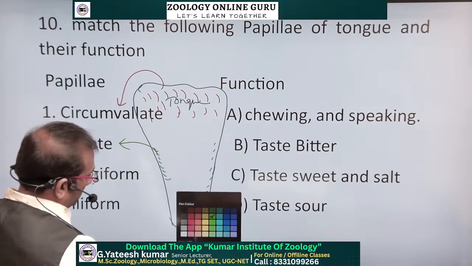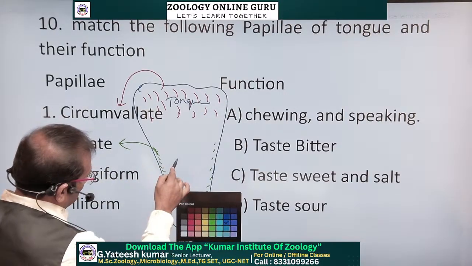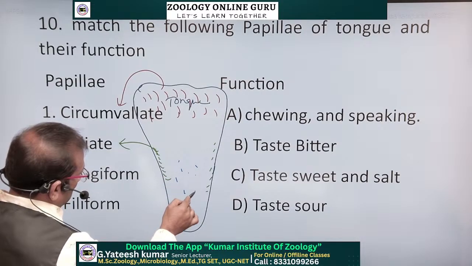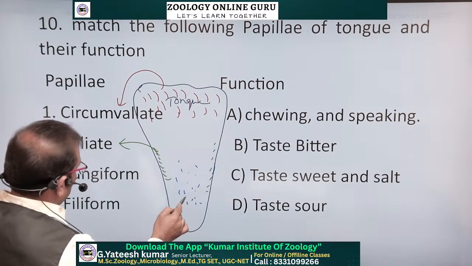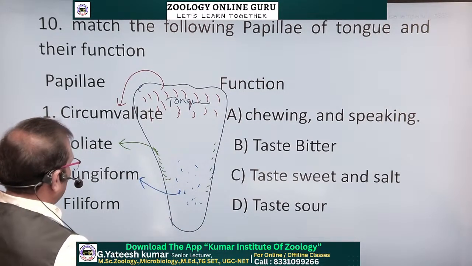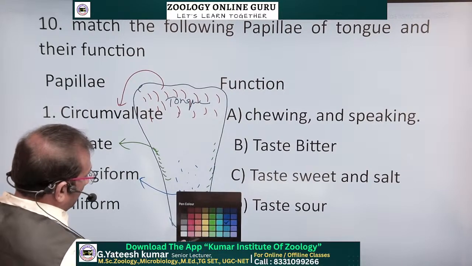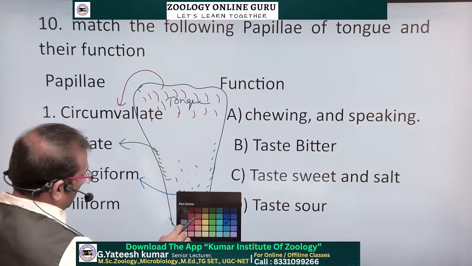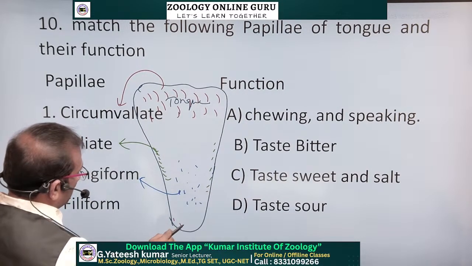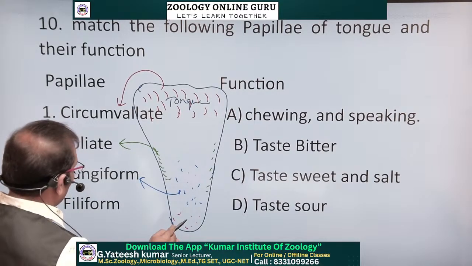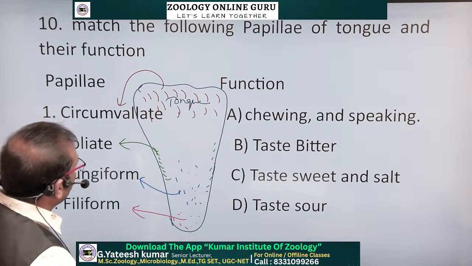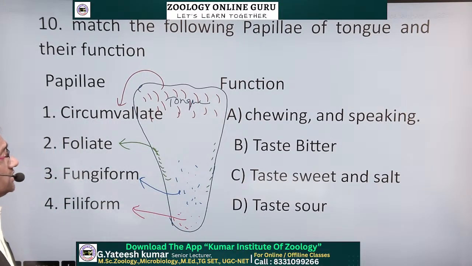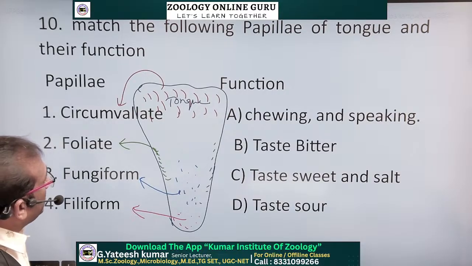In the middle, they are called fungiform papillae. At the tip, they are filiform papillae. Now tell me, what is the function of circumvallate papillae?